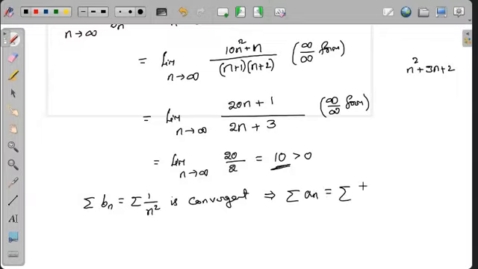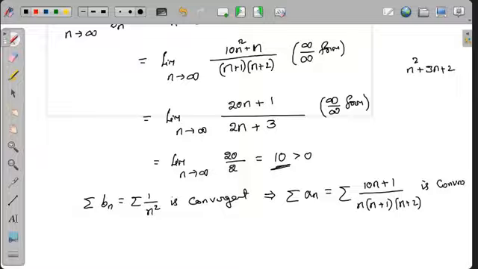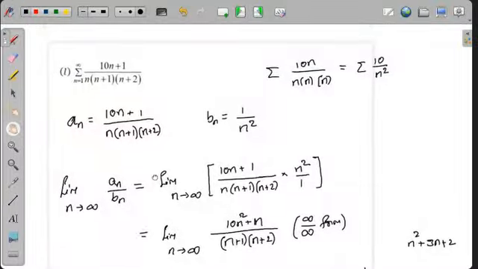That is summation 10n+1 over n into n+1 into n+2 is convergent. Okay, so that's it. So the conclusion is that the given series is convergent.